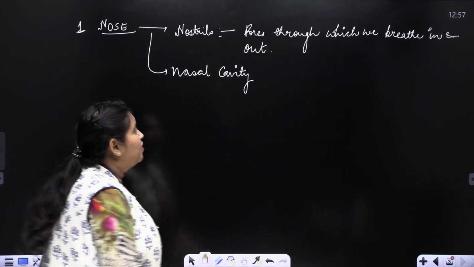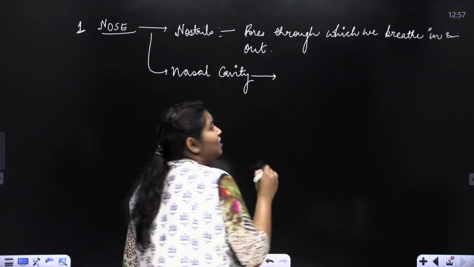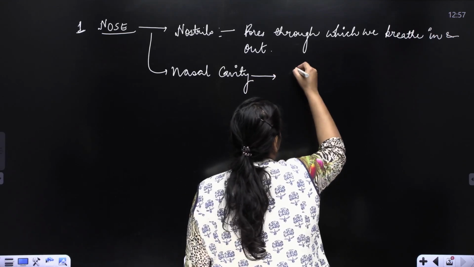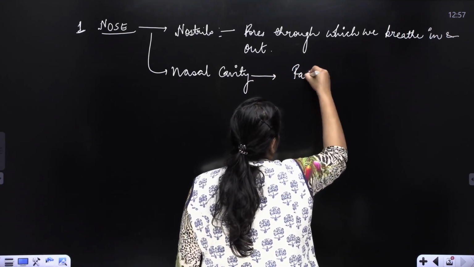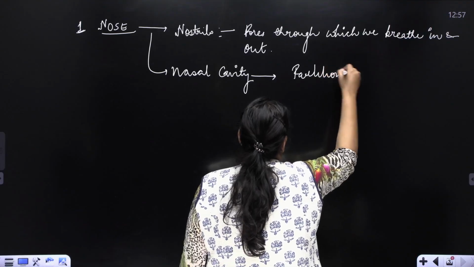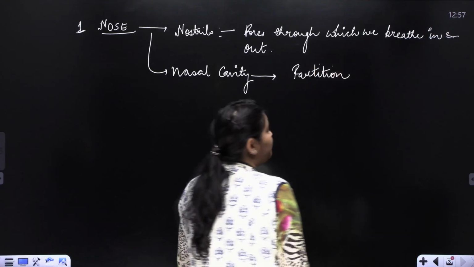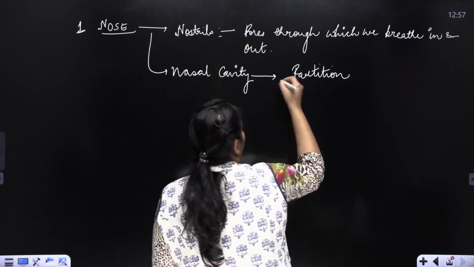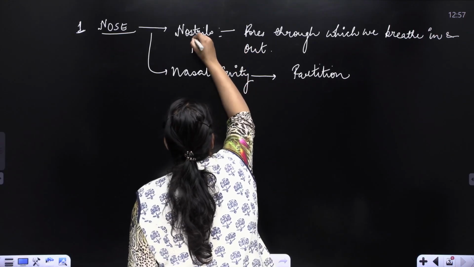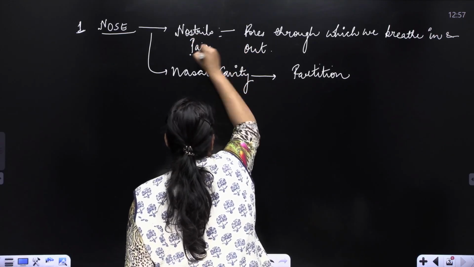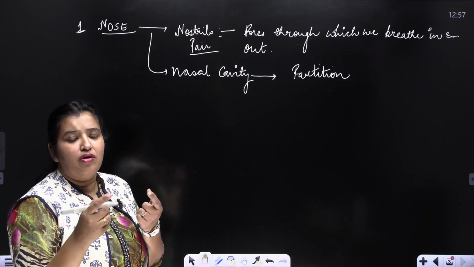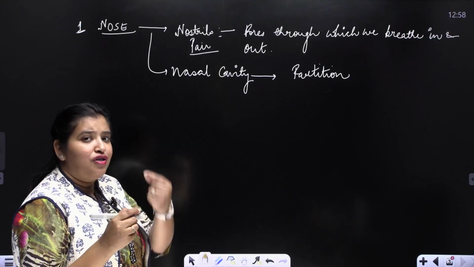All right. Nasal cavity. Nasal cavity is the space which is partitioned inside. This has a partition in between. And so we say that we have a pair of nostrils leading into their respective nasal cavity, because the nasal cavity is partitioned in between.